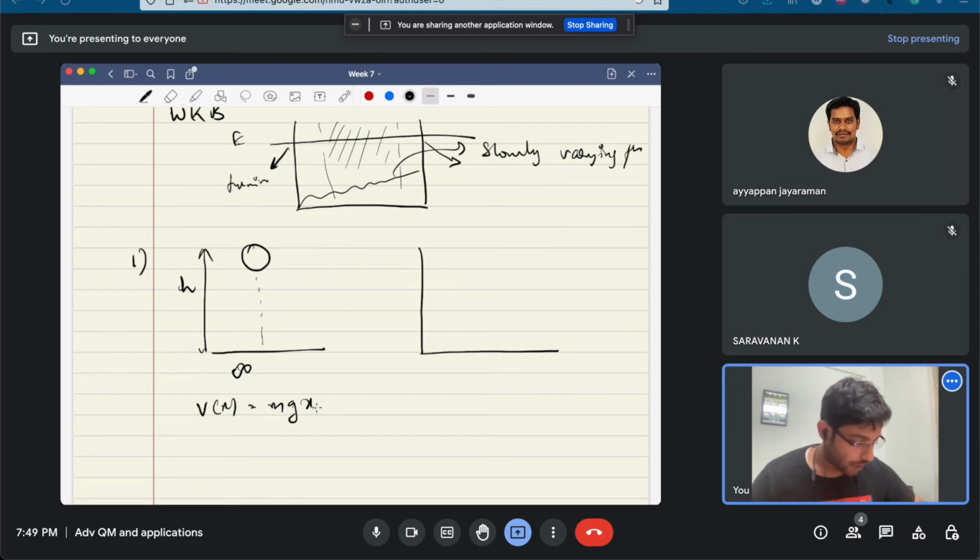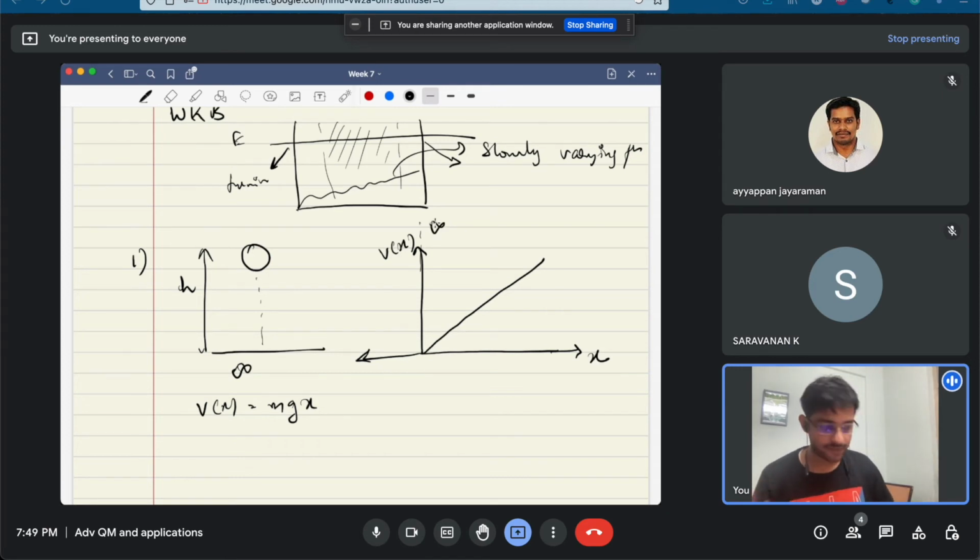And this we can draw as a linear function, so we get V of x in this form. On the negative direction we essentially get an infinite potential, which is good enough in itself.